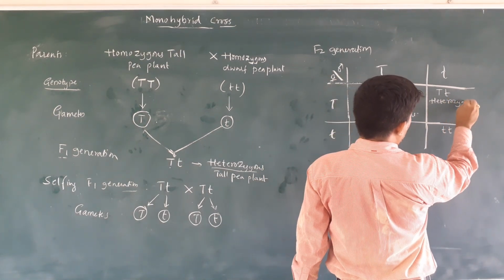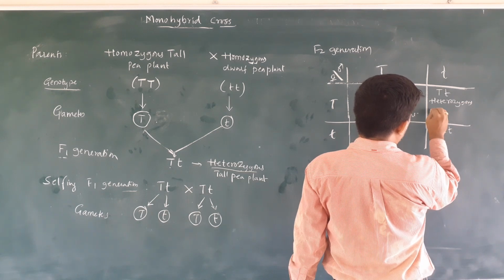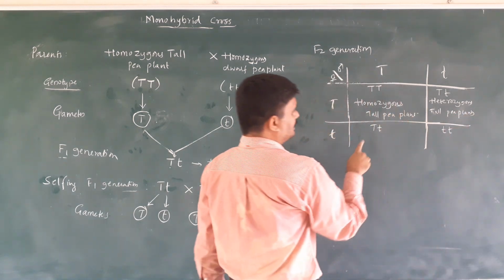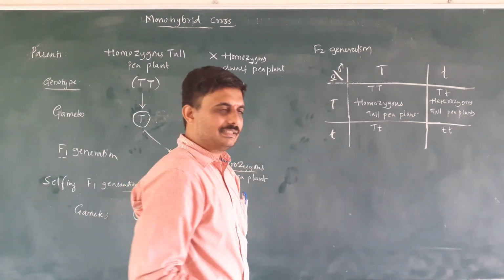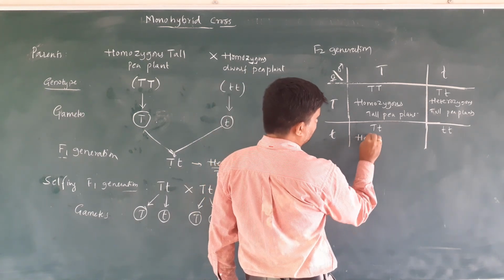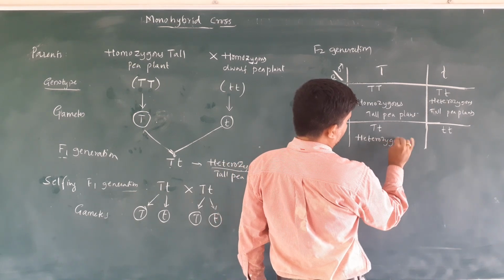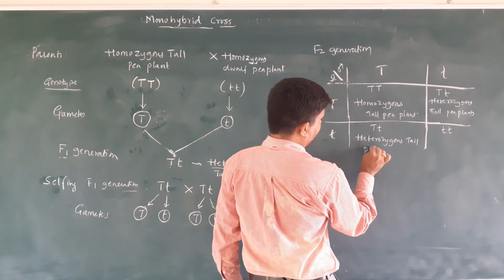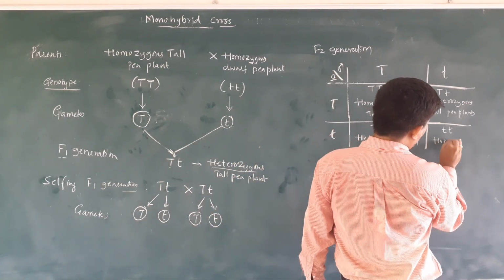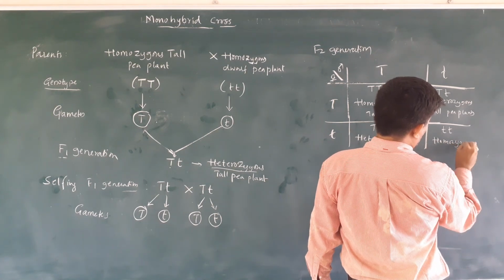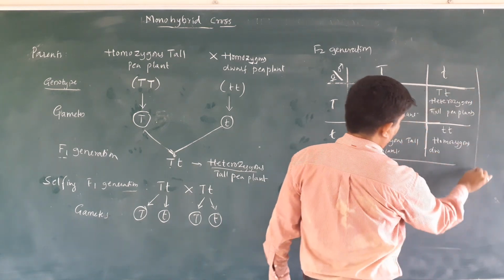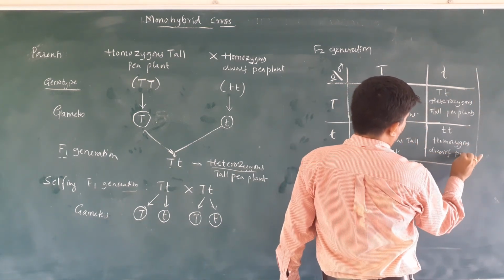This is also heterozygous tall. One more is the homozygous dwarf pea plant.